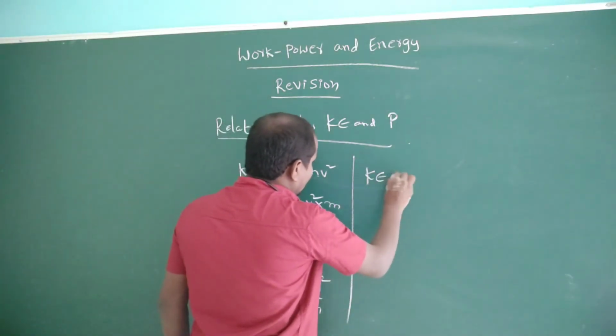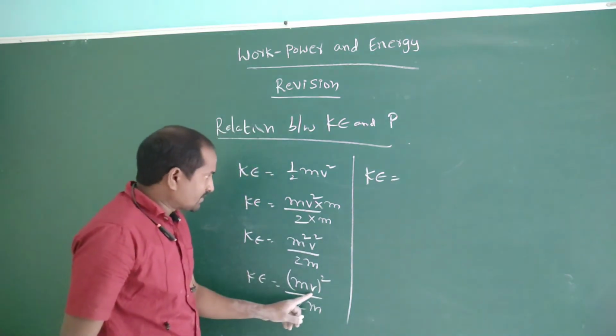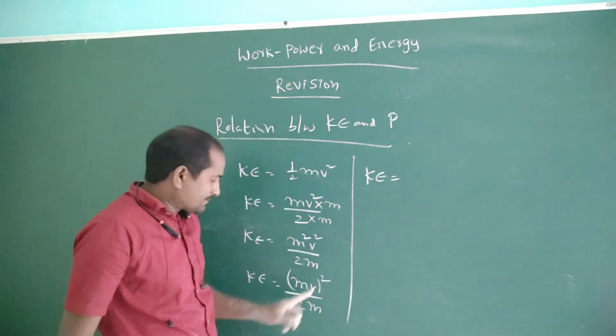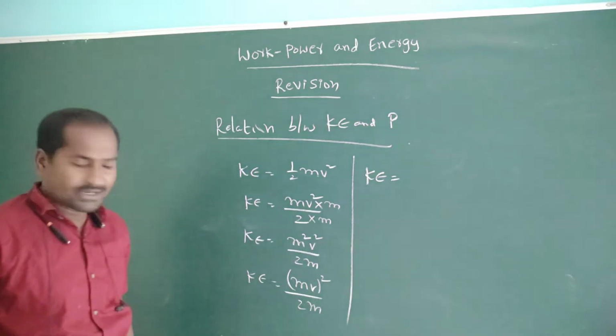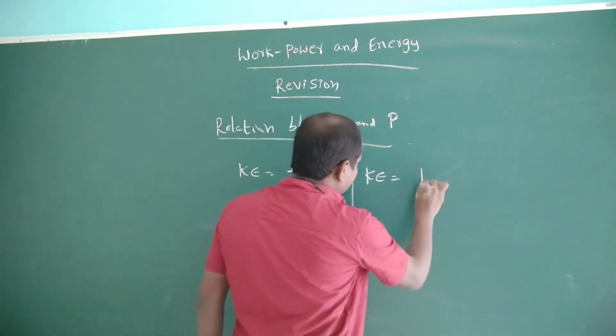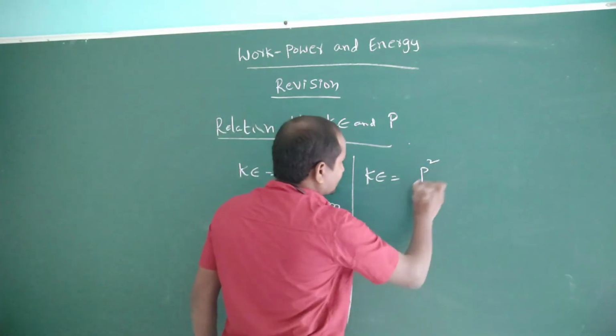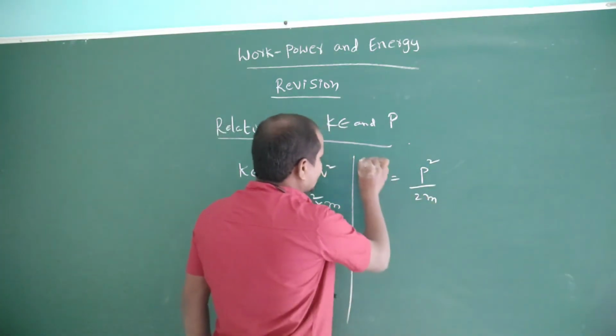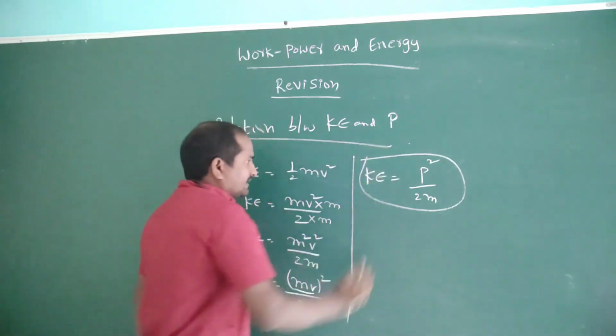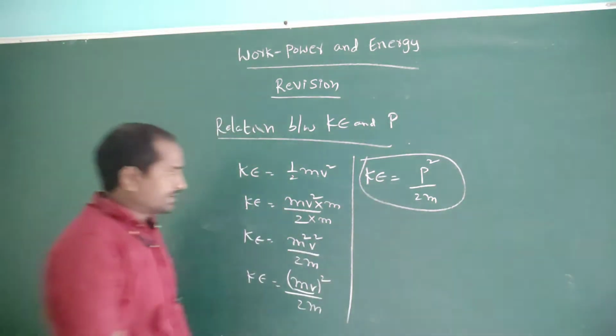Here m into v is momentum. The product of mass and velocity is called momentum. So in the place of m into v we can write P, so K equals P square by 2m. It is a relation between kinetic energy and momentum.